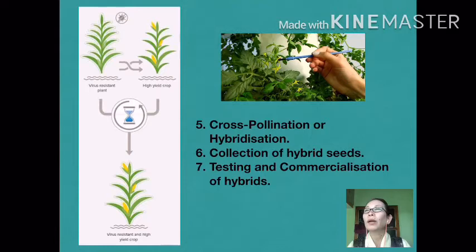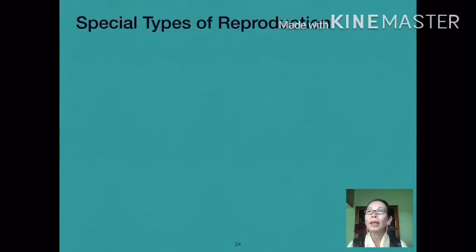Such seeds are collected and tested for their performance by growing in the field. If these seeds pass the test, or perform better than the existing parental plants, they are released into the market for commercial use. So with these steps, the plants are improved for food, fiber, fuel, and other economic services.